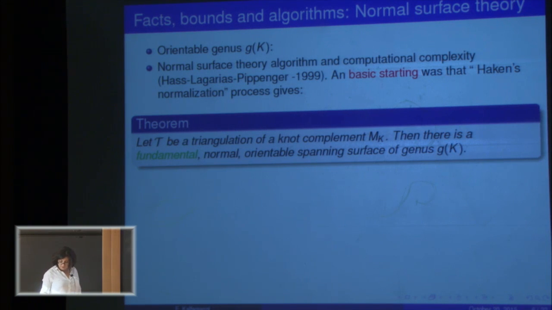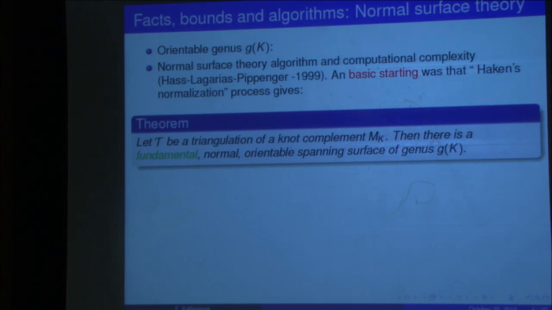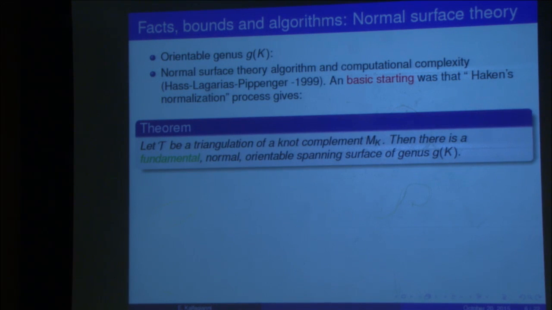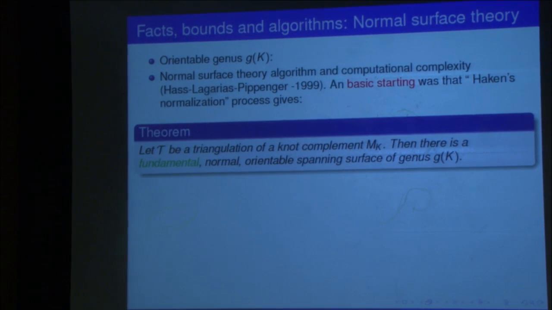A starting point there, at least, is the classical process of Haken's algorithm, which will work if there is any triangulation of the knot complement. By the way, earlier Jessica talked about polyhedral decompositions, and at some point I will talk about polyhedral decompositions and normal surfaces, but right now this is a triangulation in tetrahedra.